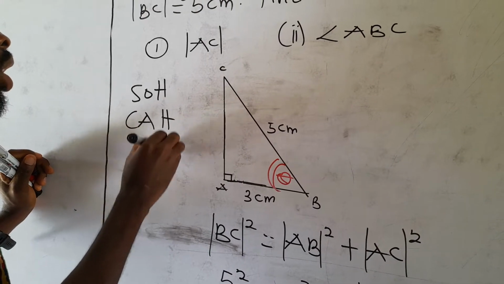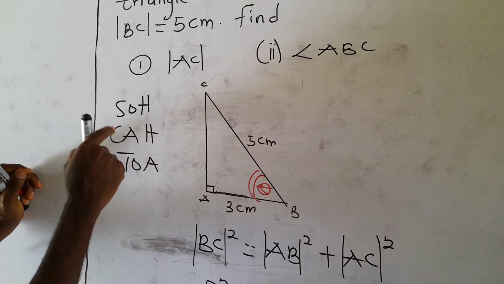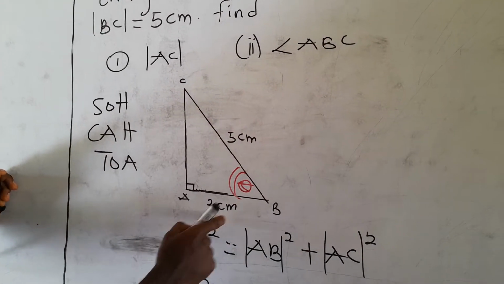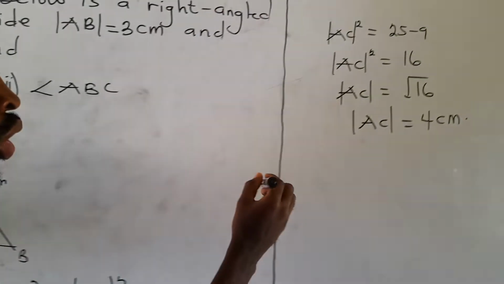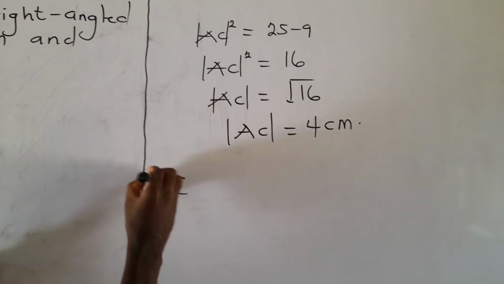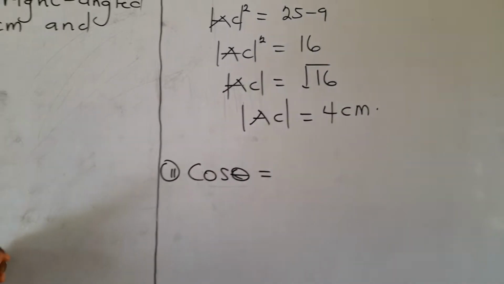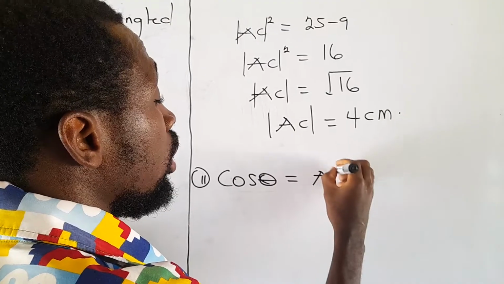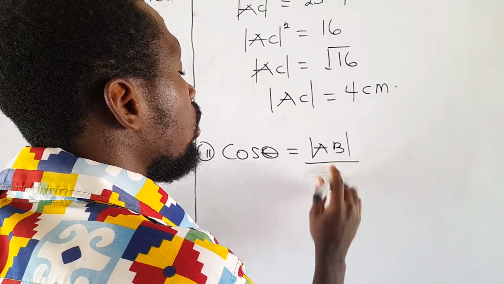So we say cos theta is adjacent over hypotenuse, where the adjacent is 3 and the hypotenuse is 5. From the diagram, cos theta is equal to our adjacent, which is AB, over the hypotenuse, which is BC.